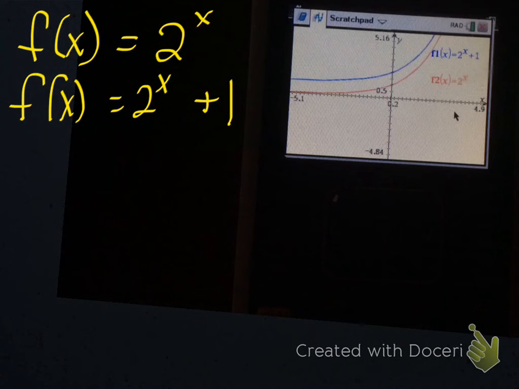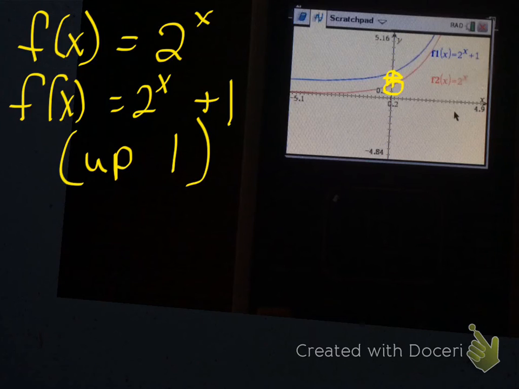On this one, our original y-intercept is 0, 1. This time, we moved up 1. These are harder to see than when you have a quadratic, a cubic, or an absolute value, because there's not that vertex to identify from.